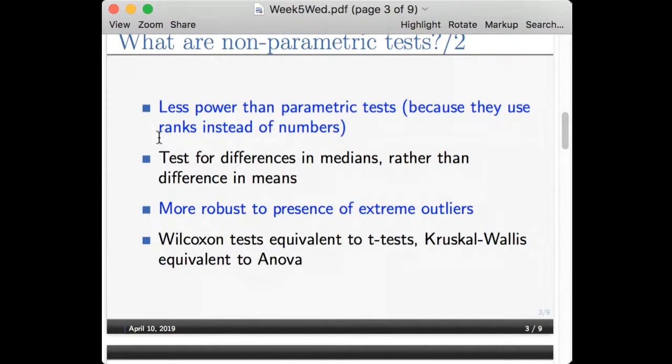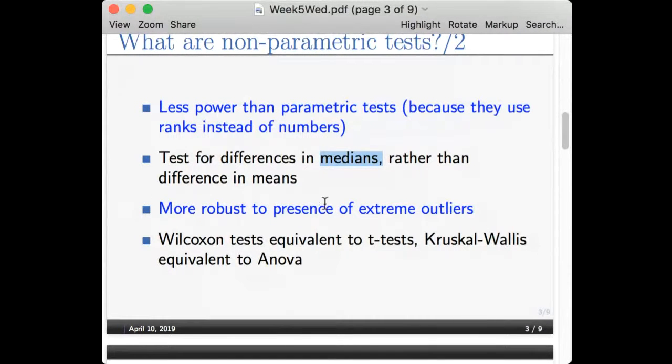Okay, so what do they do? They test for differences in medians rather than differences in means. If you're talking about the equivalent of a t-test, that's a Wilcoxon test. So instead of testing whether the means are different, they test whether the medians are different.